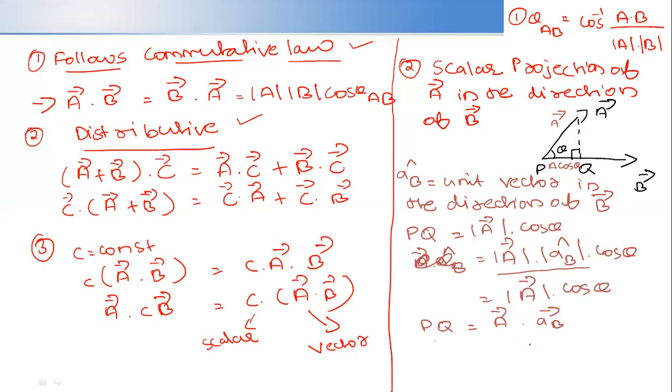It is A dot AB, because mod A mod B cos theta is A dot B. That is what we are deriving here: the scalar projection of A in the direction of B.